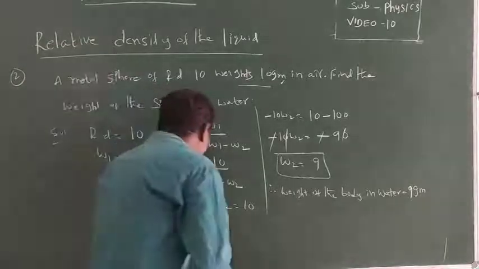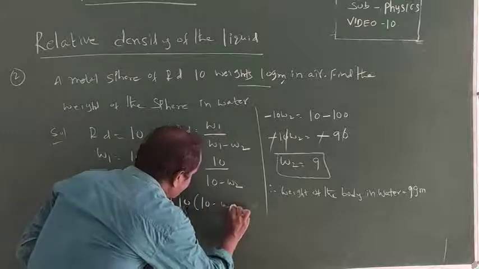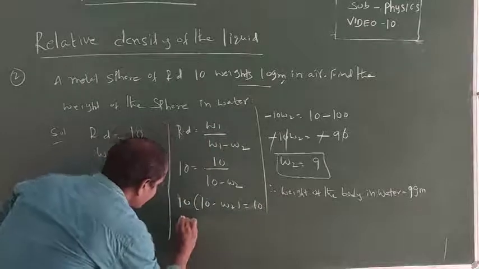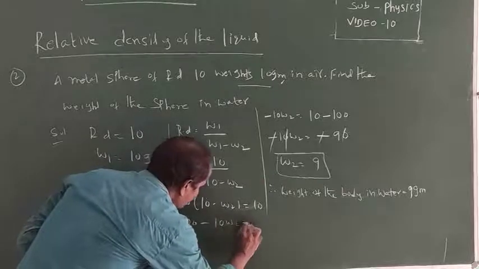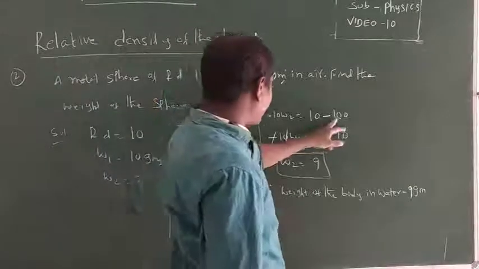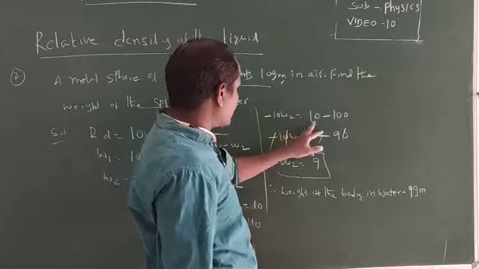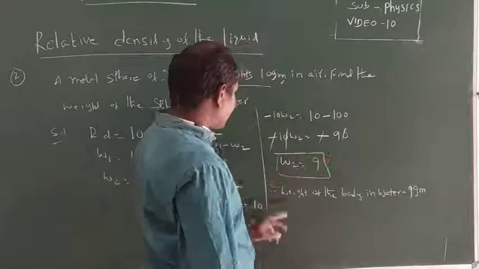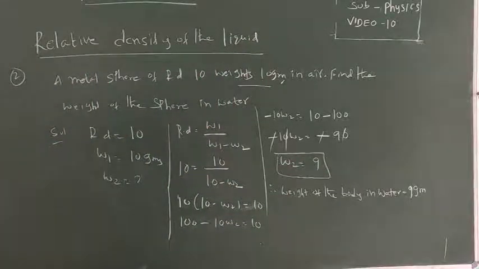We can write like this also: 10 into 10 minus W2 equal to 10. That means 100 minus 10 W2 equal to 10. Now 100 coming to the other side, minus 100. So minus 10 W2 equal to minus 90. W2 equal to 9.